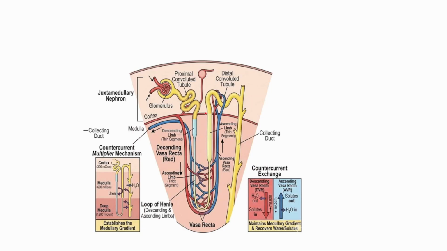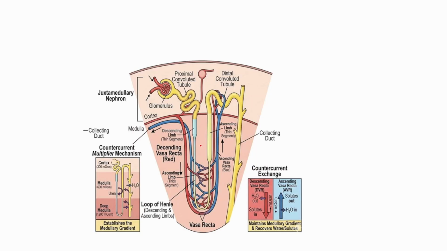That means the concentration of the fluid inside the descending loop of Henle is the same as the concentration of plasma. As it moves vertically downward into the increasingly salty medulla, it faces an epithelial wall that is highly permeable to water. This specific site, the descending thin loop of Henle, has channels that draw out water from it, but it's completely impermeable to sodium chloride.